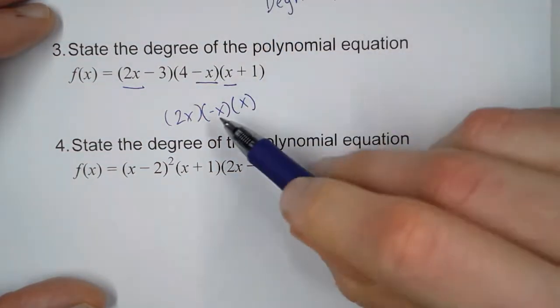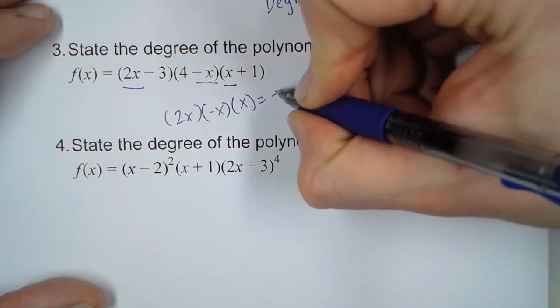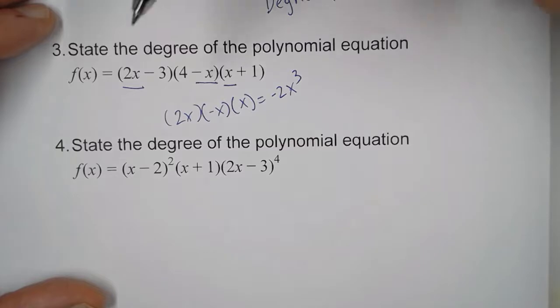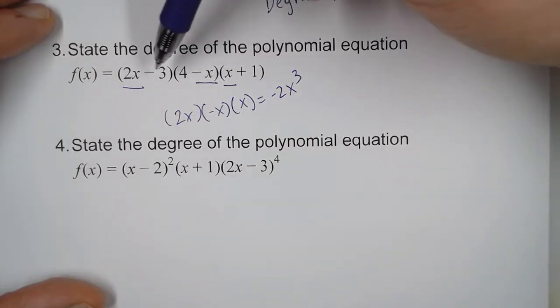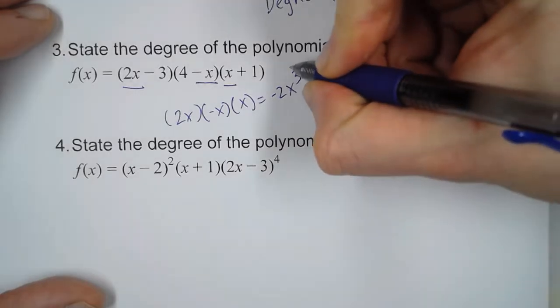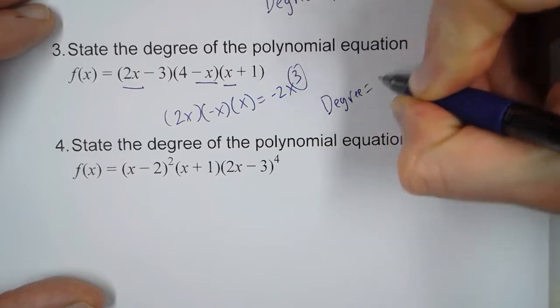So when we multiply all that out, we're going to get negative 2x cubed. Now, if we were to multiply any other combination from these binomials, we would get a lower power on x. So that means for this one, the degree will equal 3.